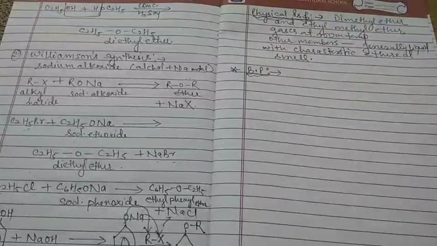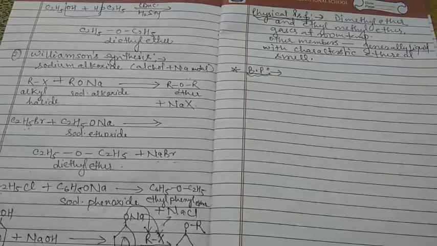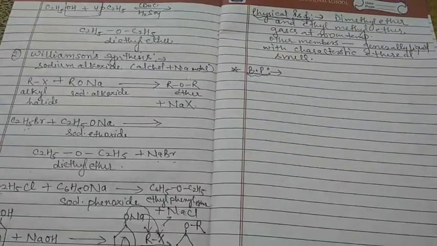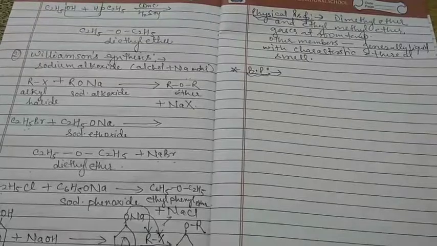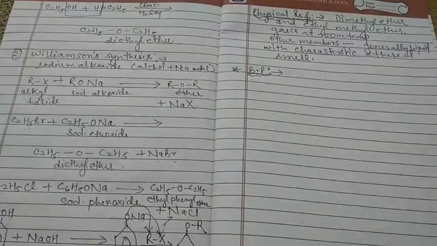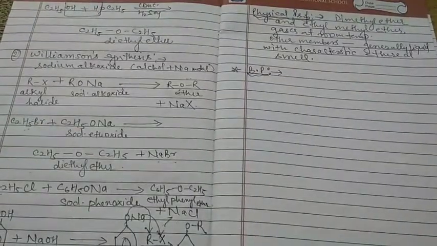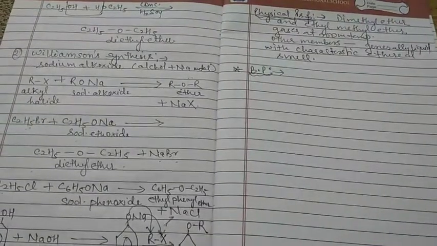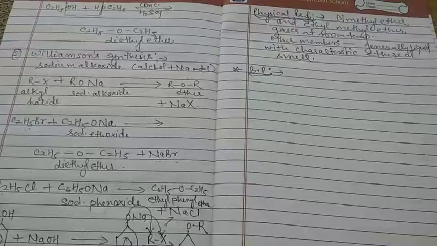There is a large difference in the boiling points of alcohols and ethers, and the difference is due to the presence of hydrogen bonding, because hydrogen bonding is present in alcohol. The miscibility of ether with water resembles that of alcohols of the same molecular mass.